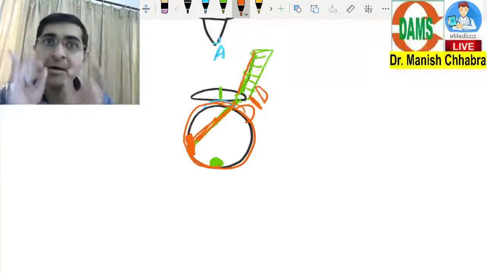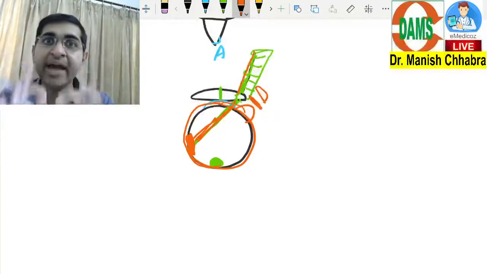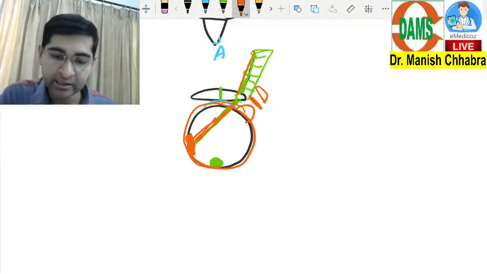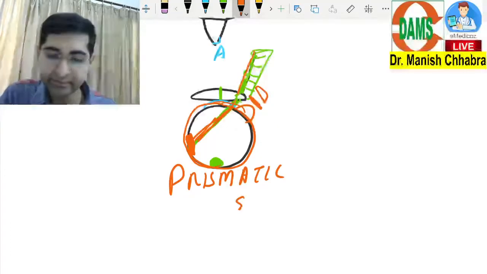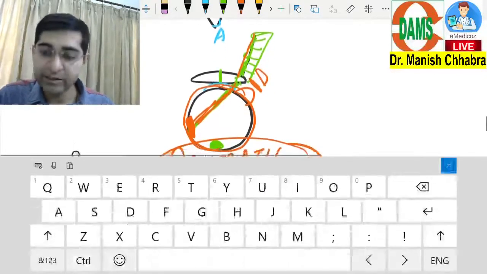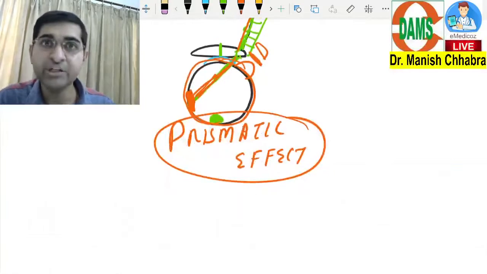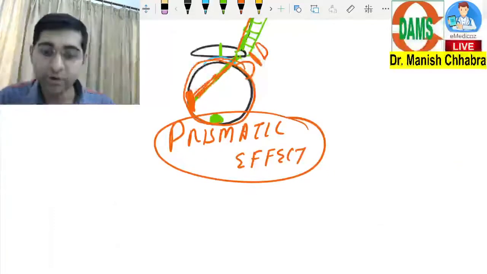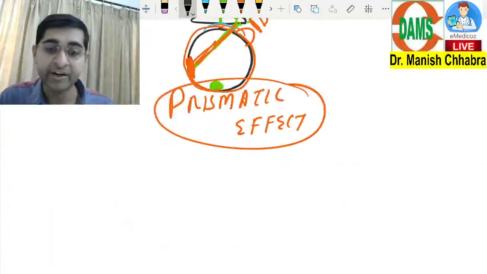And the concept behind the jack in the box phenomenon is the prismatic effect. Pincushion defect is due to spherical aberration. Jack in the box phenomenon is due to prismatic effect.